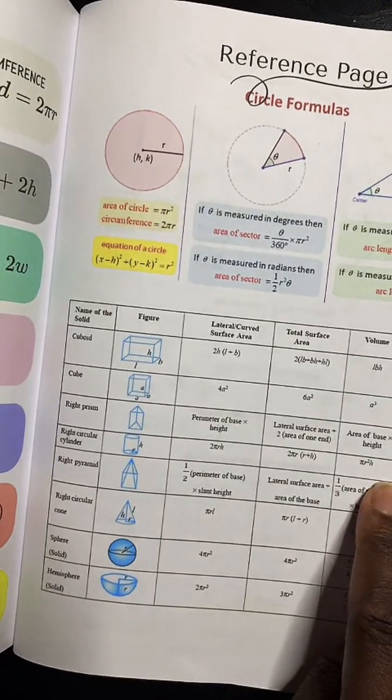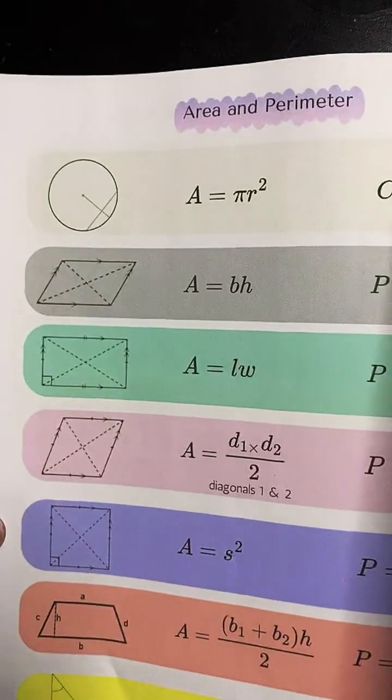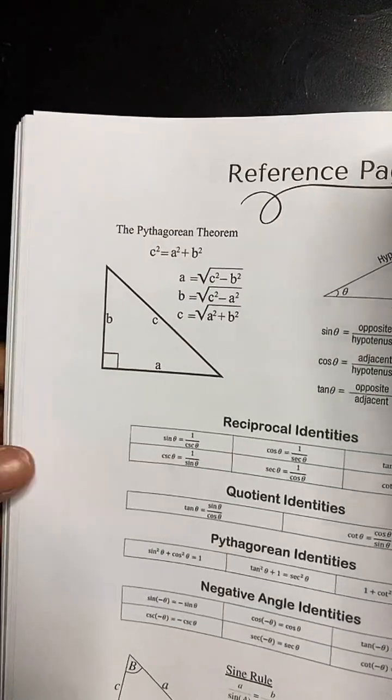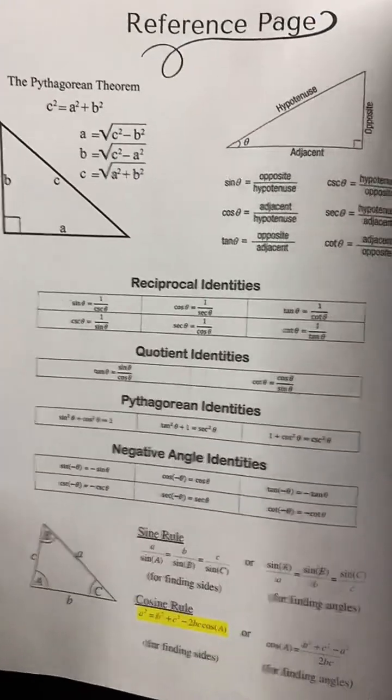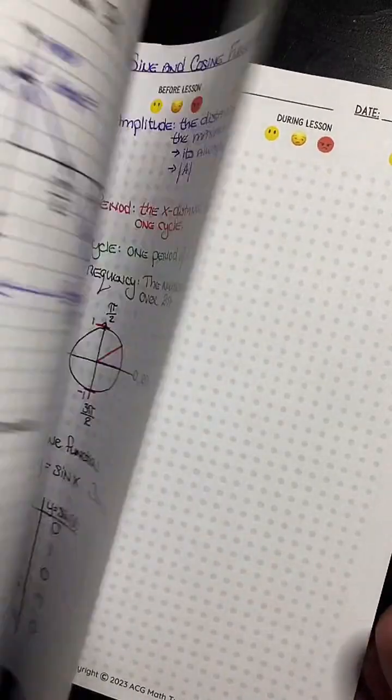We have our volume, our surface area. Then we also have the area and perimeter of certain shapes. And then here's that lovely unit circle that I was talking about, as well as Pythagorean theorem and also your trig identities. So all of that is in this handy dandy notebook.